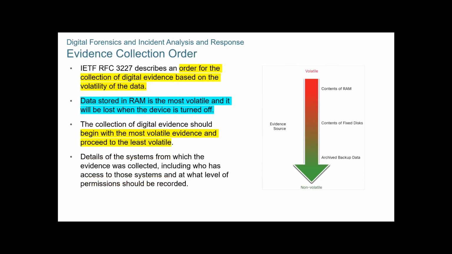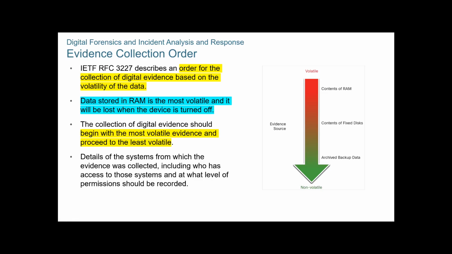There is an order to collect evidence, and that's RFC 3227. If you can't sleep tonight, you might want to go to RFC 3227 and read it in its entirety. It'll put you right to sleep. If we go from most volatile to least volatile, data in RAM is the most volatile, so you better get it quick.